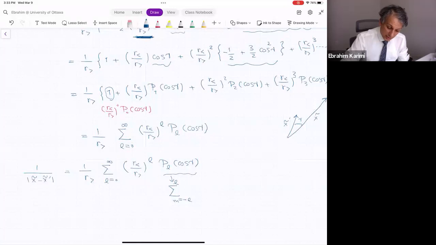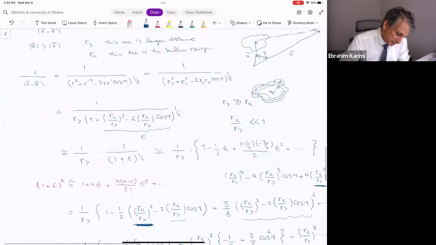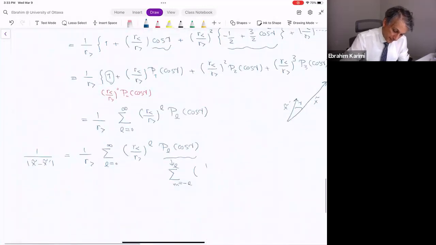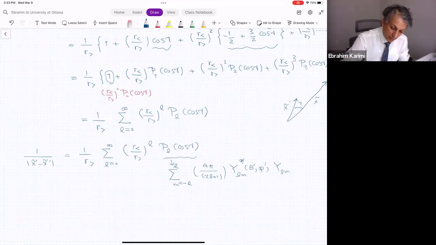All right. Then I had a coefficient, let me look at the expression, guys, which was 4 pi divided by 2L plus 1, YLM star of theta prime and phi prime, YLM of theta and phi.